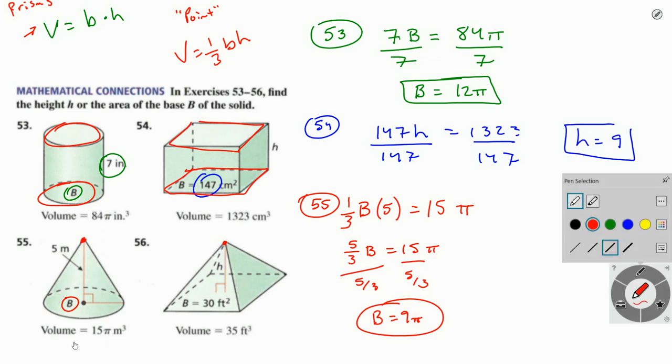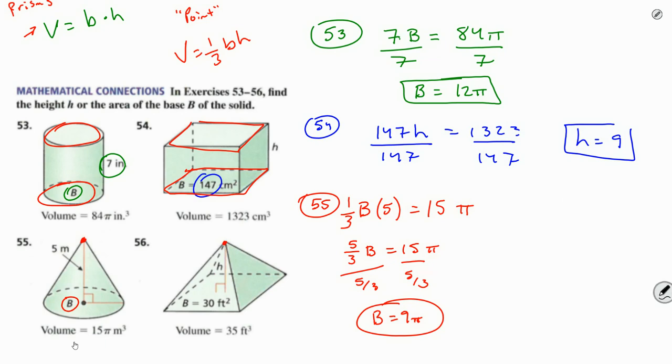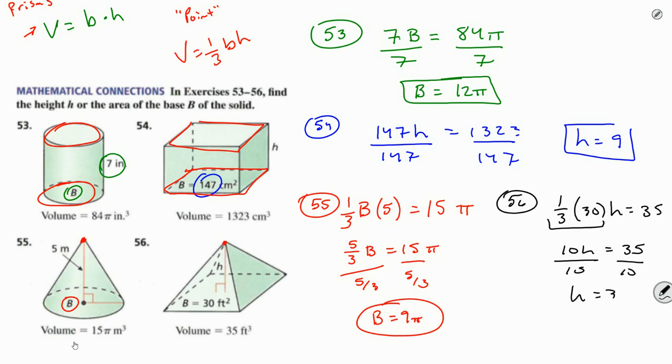Okay, and then to finish up with 56, we'll have volume equals 1/3 base times height equals 35. 1/3 times 30 is 10h. Divide both sides by 10, and we say h equals 3.5.